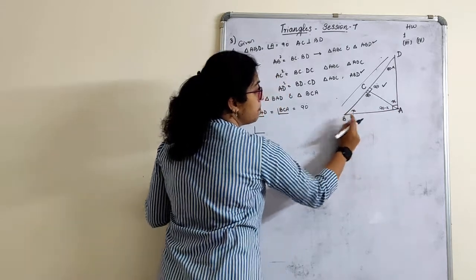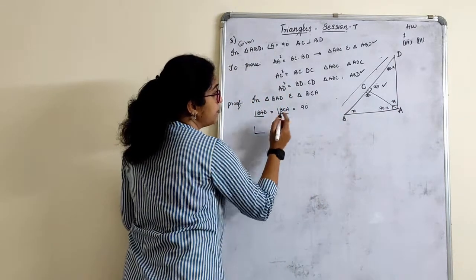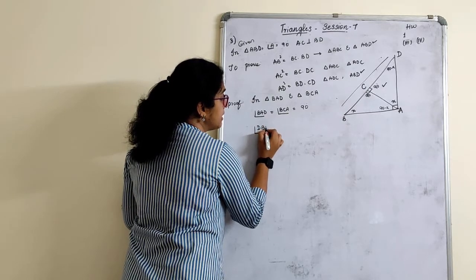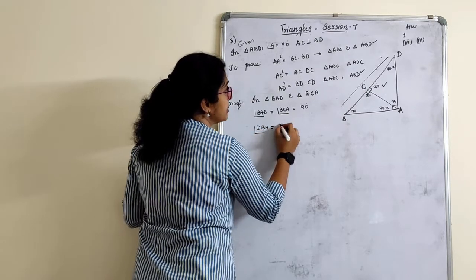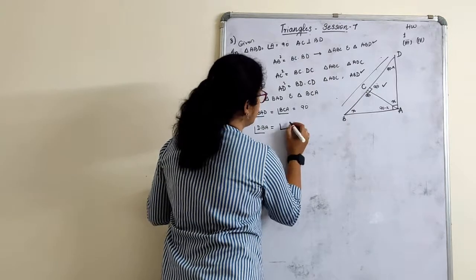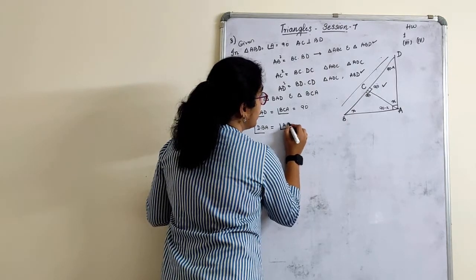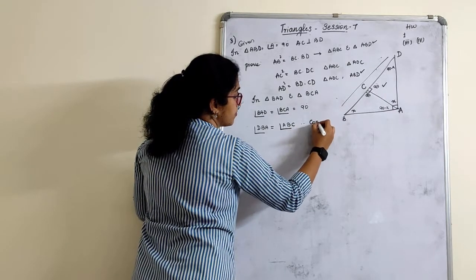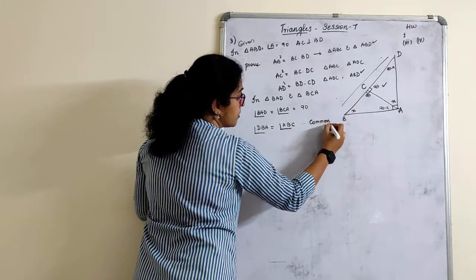So it is angle B which is common in both. So I will say angle DBA is equal to angle ABC, common angle.